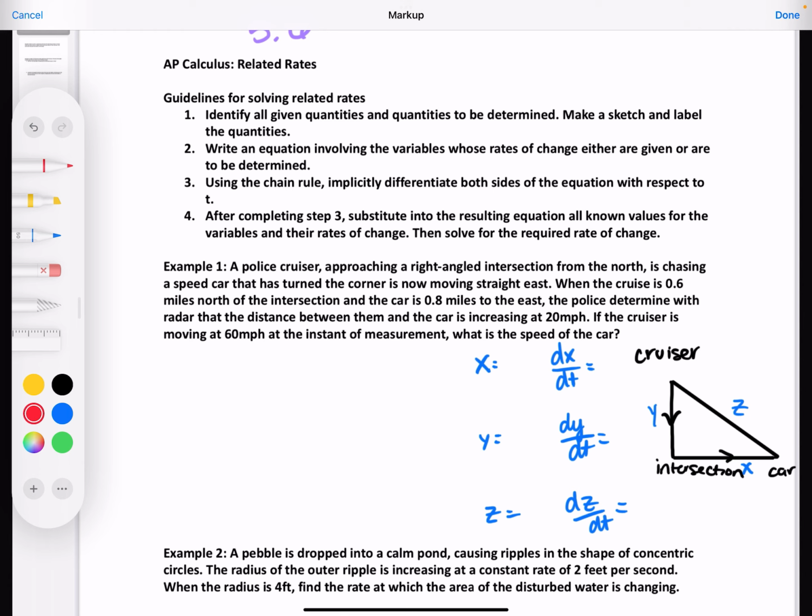So that's 20 miles per hour for dz dt. The cruiser is moving at 60 miles per hour at the instant of measurement, so dy dt is 60 miles per hour.